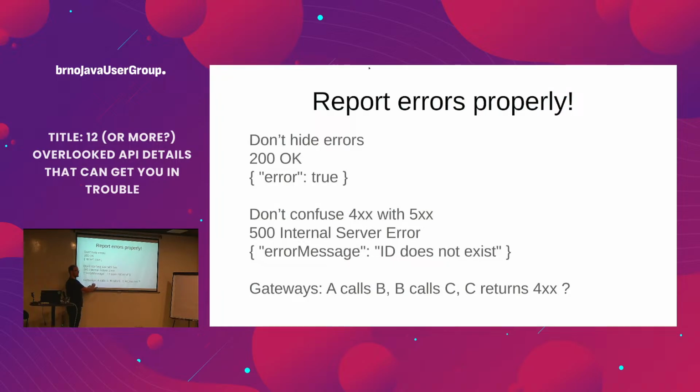A has its view of the world, C has its view of the world, and if it translates the positive scenarios, it also has to translate the negative scenarios properly, because if we log and forward some error messages without really interpreting them correctly, then we can get error messages that don't make sense in the context where we see them, because of course in distributed systems the context is lost very quickly.